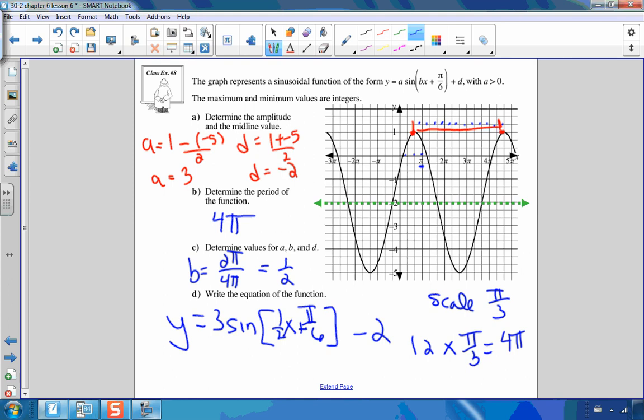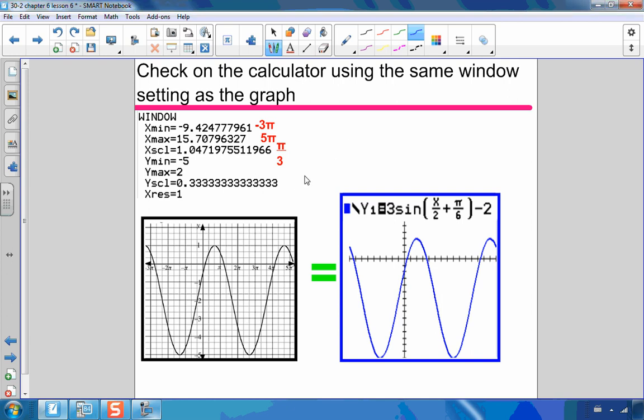Now, if I have an equation here, I would definitely check it to see if I'm right. So I'm going to look at the graph that I'm given, and I'm going to put this equation into my calculator to see if they're the same. There would be absolutely no point in doing that unless we use the same window setting. So really important, I have to have the same window setting. I can see on my diagram I went from -3 pi to 5 pi, and I already figured out my scale to be pi over 3.